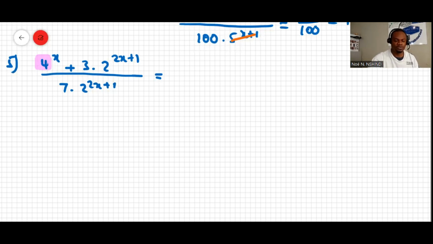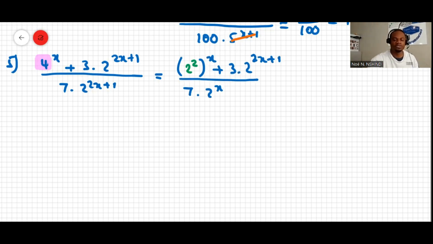It was 4 to the power of x, so we can write 2 to the power of 2, which is 4 in terms of its prime number. So plus 3 times 2 to the 2x plus 1, all over 7 times 2 to the 2x plus 1.